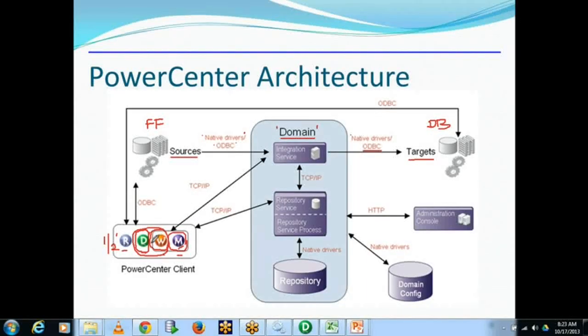Now, the client tools can connect to the targets using the ODBC connection. The connections are not, I would not say standard. It is based on what kind of source and target we are using and what methodology is followed within that project.